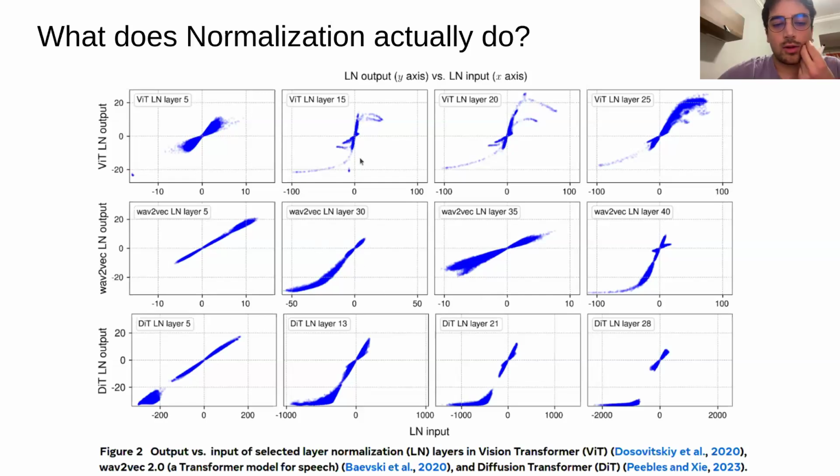Yeah, I understand. What do you mean by samples? The way I imagine it, I did not look at the implementation in detail, I don't even know if they provide it, but what they basically did is feed a bunch of data through this transformer, and sample what was the value before the layer normalization and what was the value after the layer normalization.